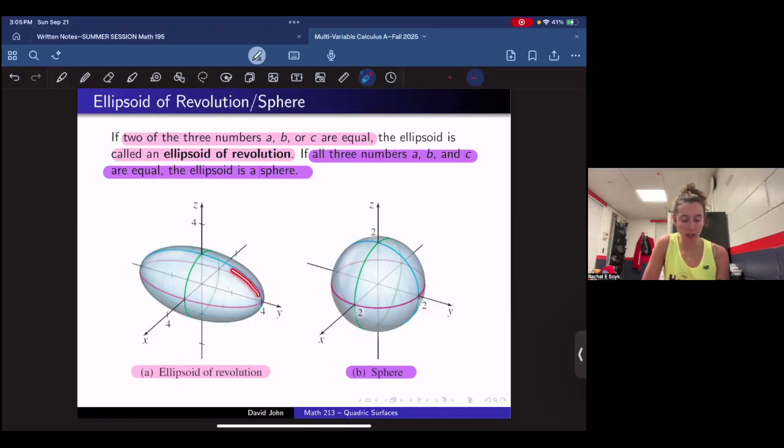You'll see our blue ellipse and our pink ellipse are identical in the values of the semi-axes, whereas in the sphere, all 3 are, including that green circle. Whereas here, the green circle is different.